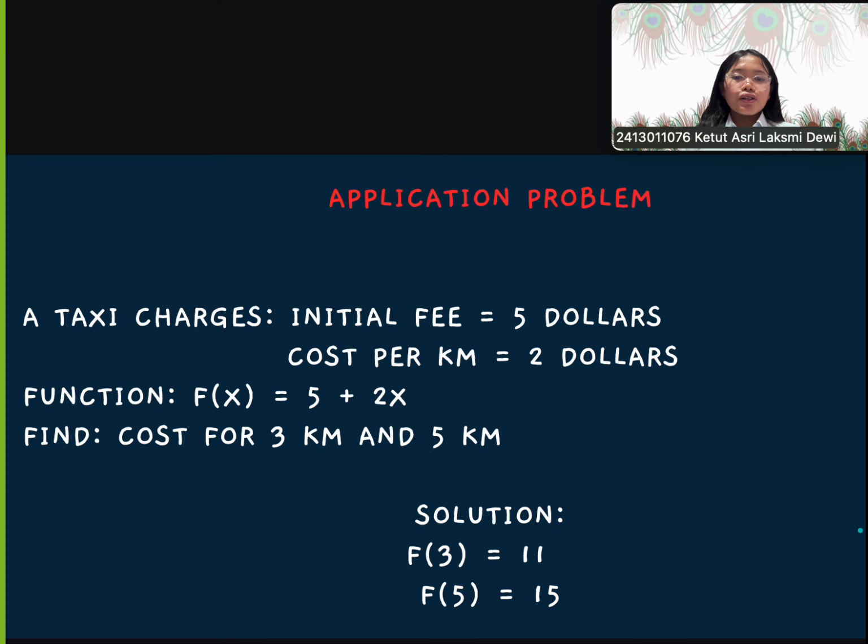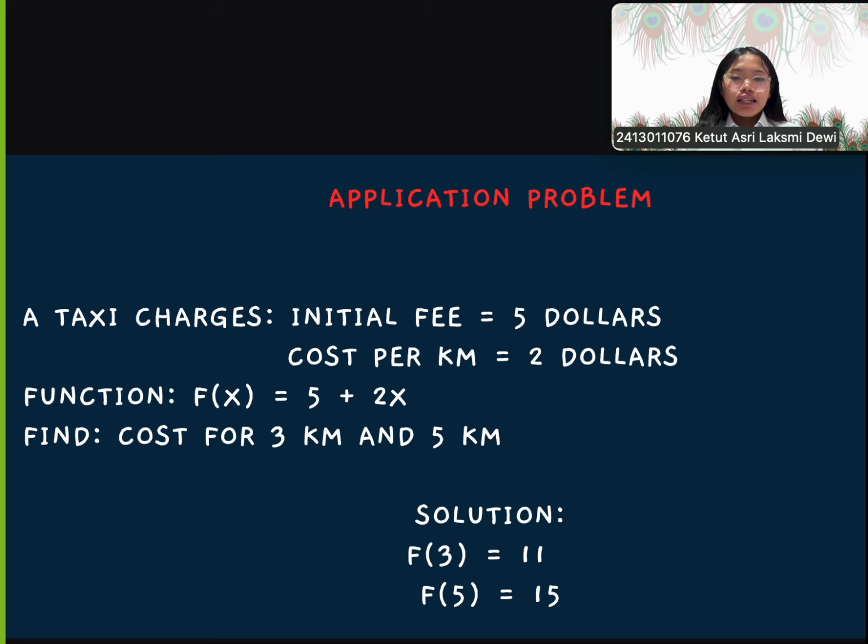Now, let's look at a real-life problem using function. A taxi charged $5 as the initial fee and $2 for each kilometer. We can write this as a function f of x equals 5 plus 2x, where x is the distance in kilometers.